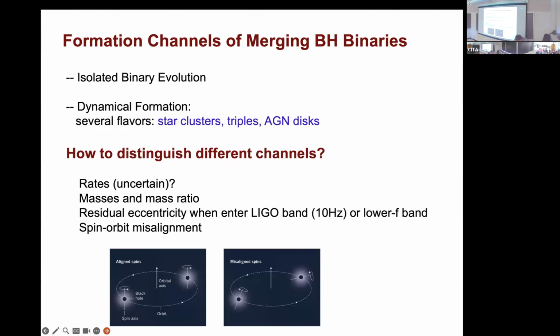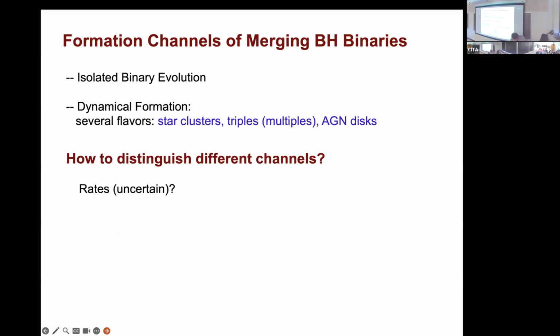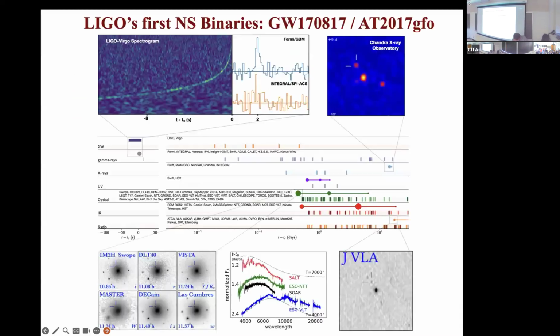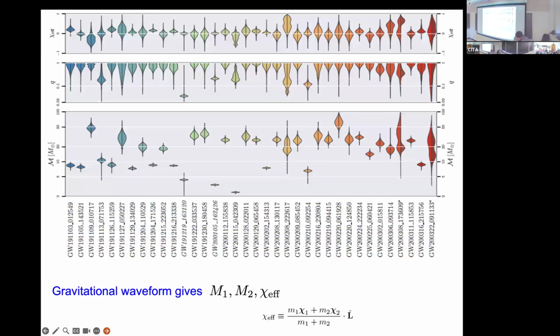And then finally, we have the spin orbit misalignment, like the angle between the spin of the individual black hole and the orbital angular axis. And this is important because, as I just told you, this chi-effective depends on the angle between the spin of each black hole with respect to the orbital angular axis.